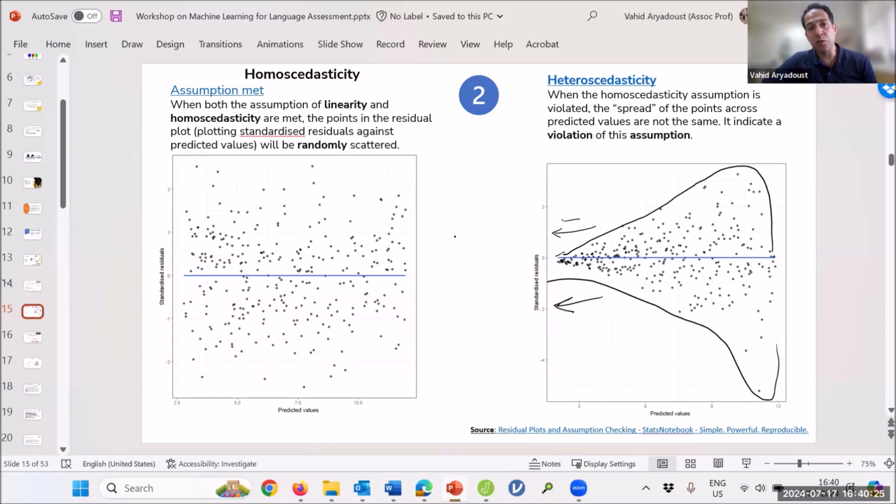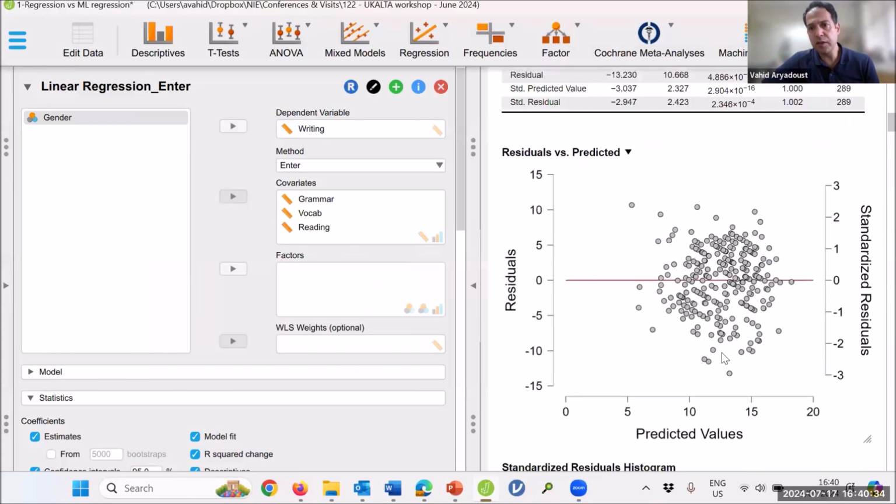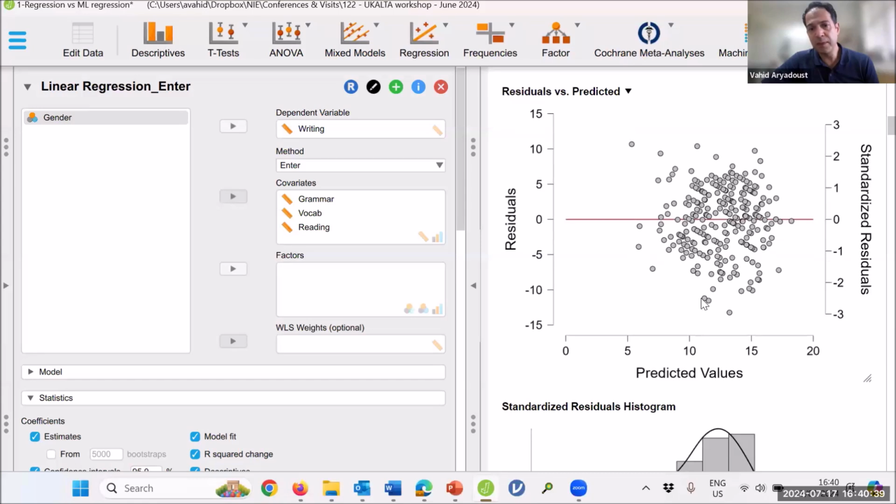This is another way of looking into the homoscedasticity assumption. So I'm going to go back to our data set and see if you feel that this also supports homoscedasticity or not.